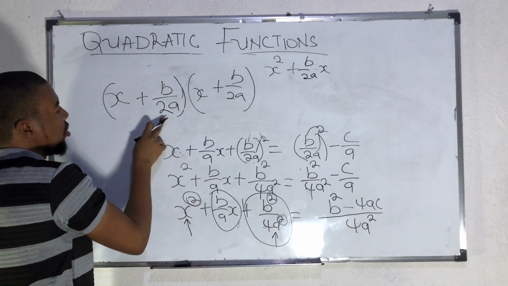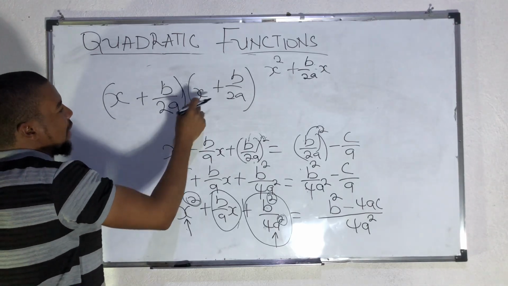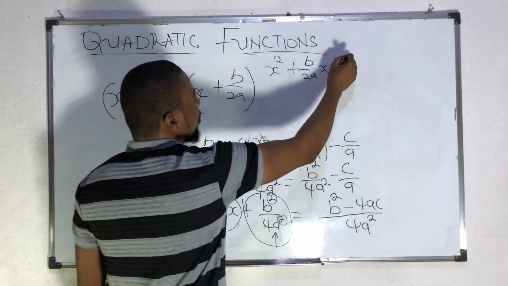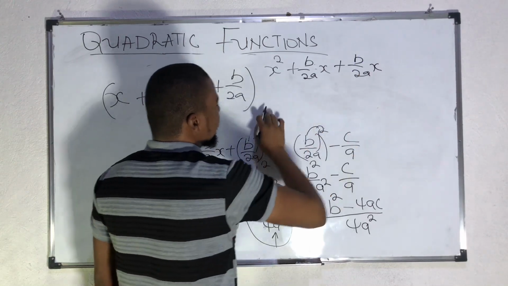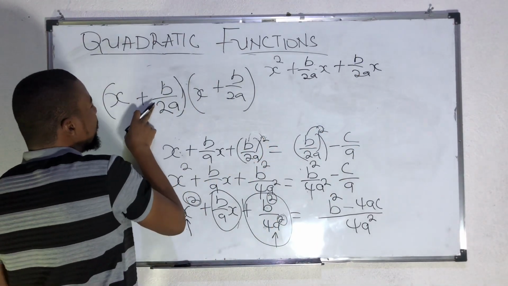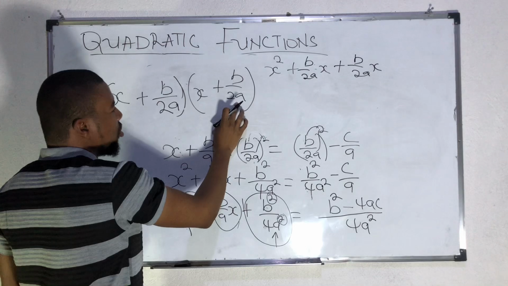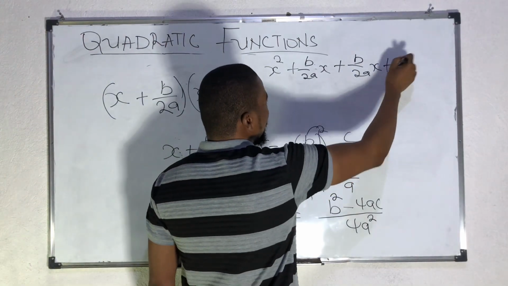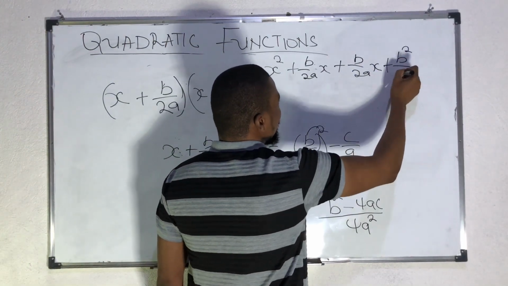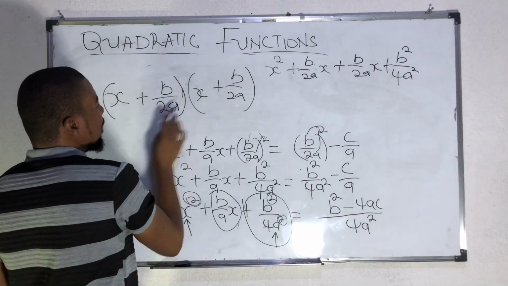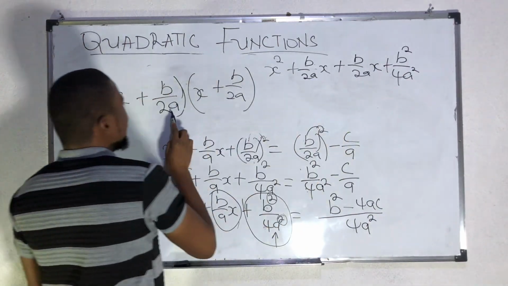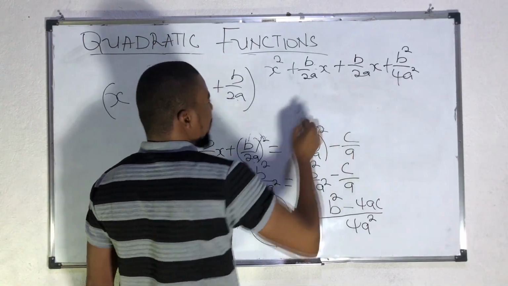Now let's go to the b over 2a. b over 2a times x would give you plus b over 2a x. And lastly, b over 2a times b over 2a would give you plus b squared over 4a squared. So the 2 times 2 is a 4. The a times a is an a squared.